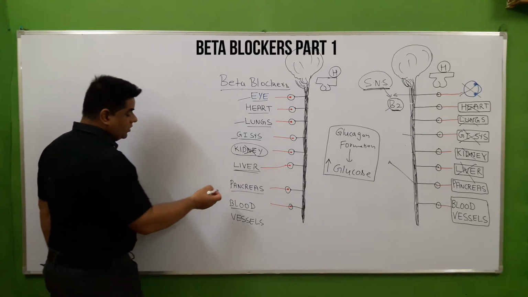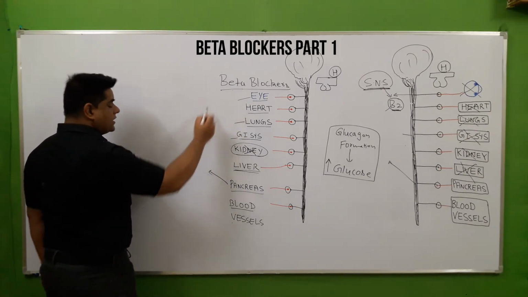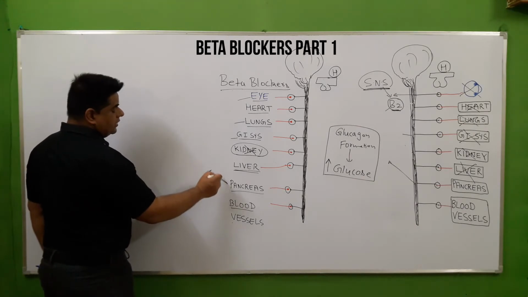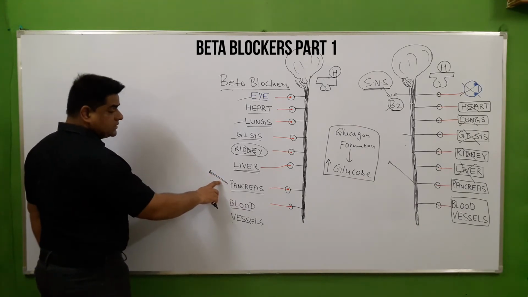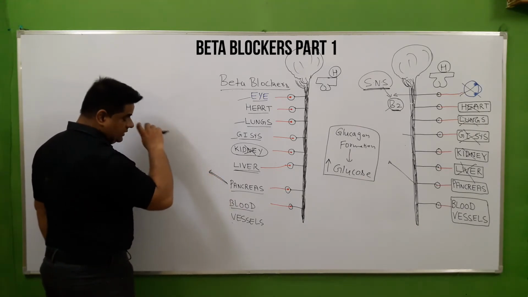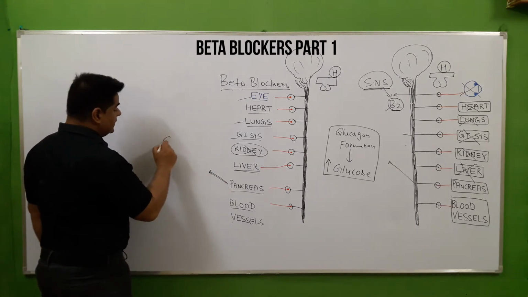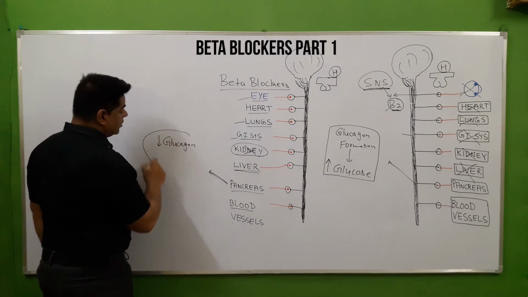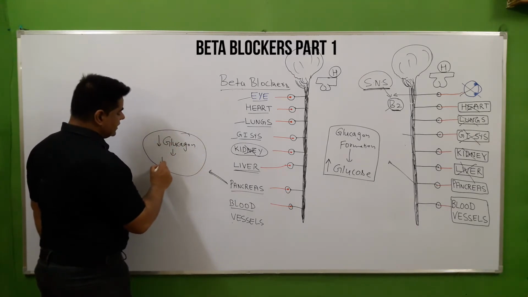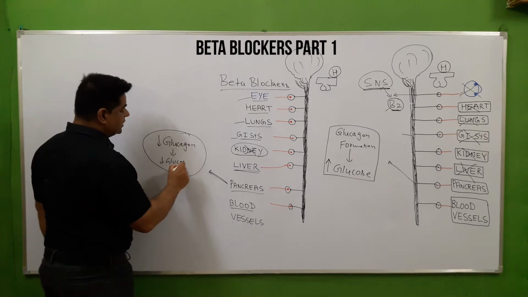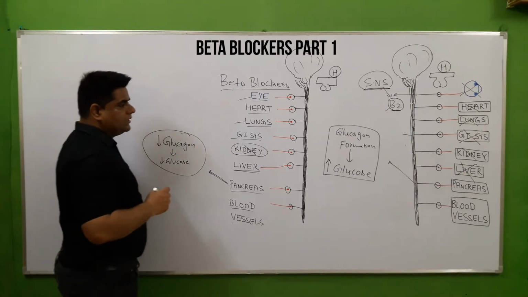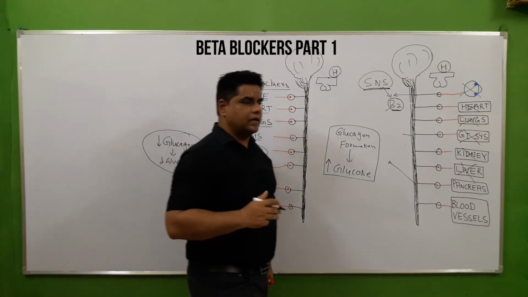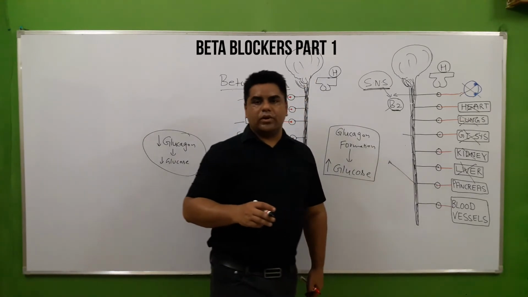Similarly, on the opposite side, beta 2 blockers will act on the alpha cells of the pancreas and decrease blood glucagon level. It will decrease glucose. So very simple, very crystal clear to understand, in a simple, lucrative way.